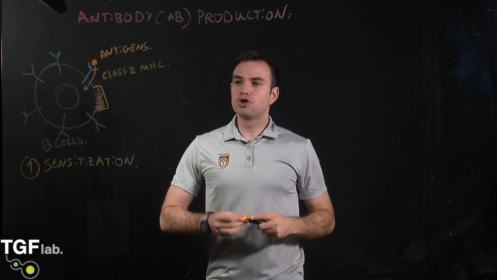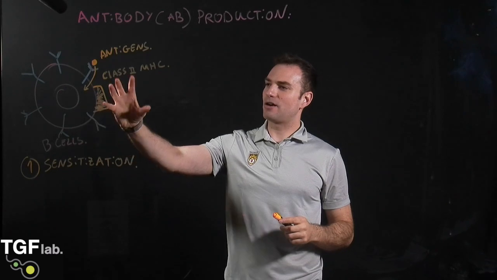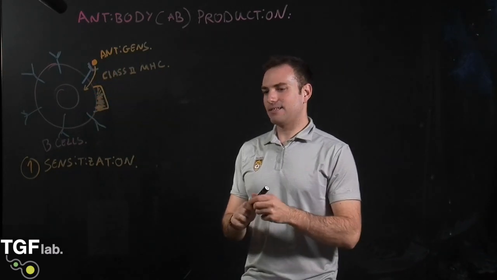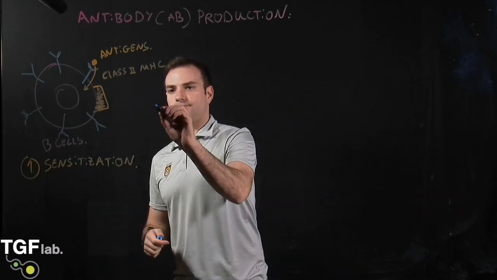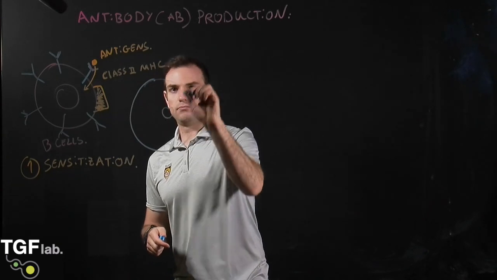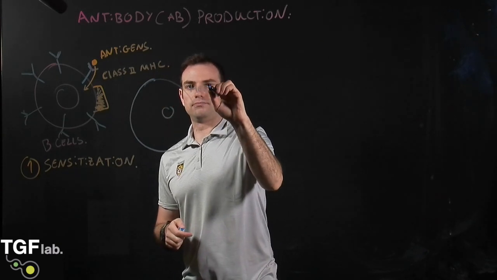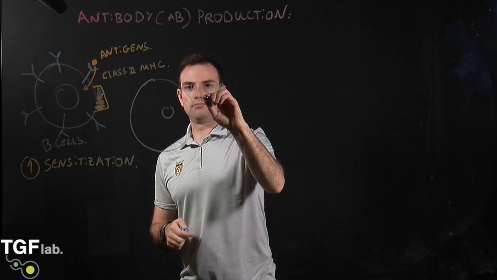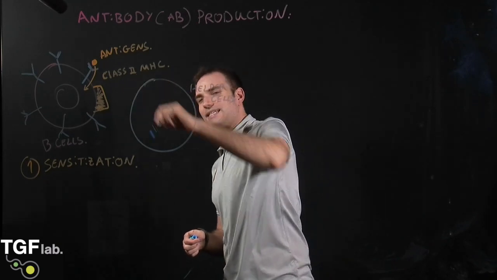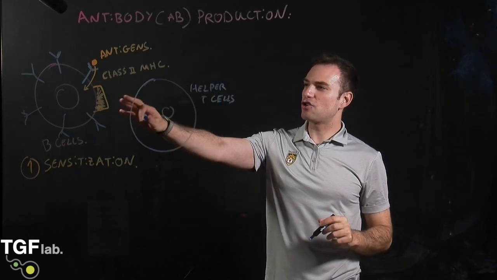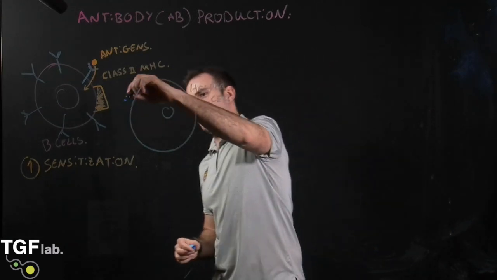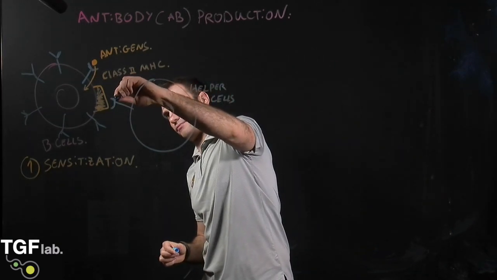Okay. So once these B cells are displaying these antigens in their membrane, then the helper T cells are going to interact with this class 2 major histocompatibility complex on the B cells through membrane receptors.